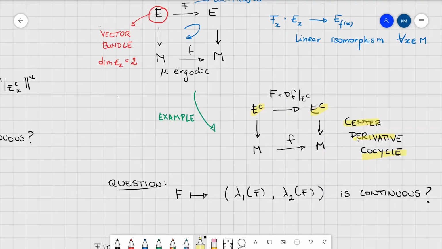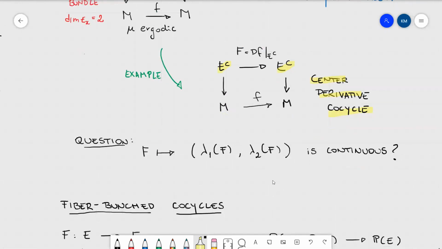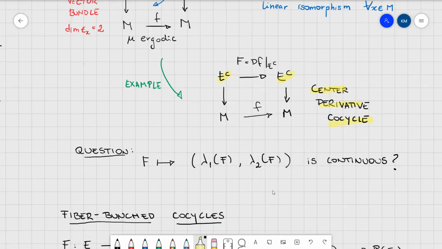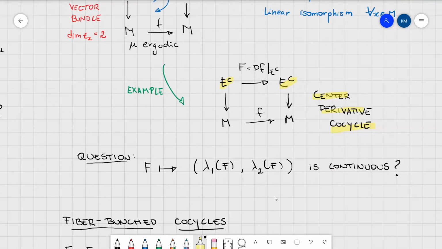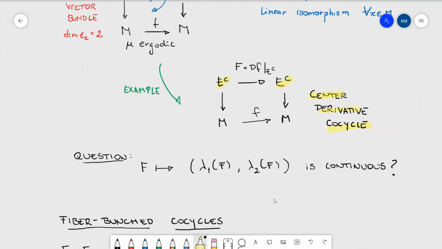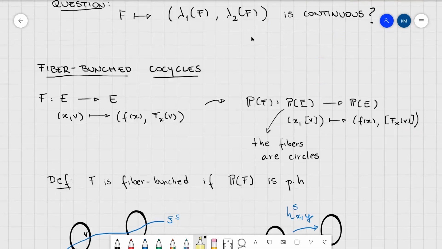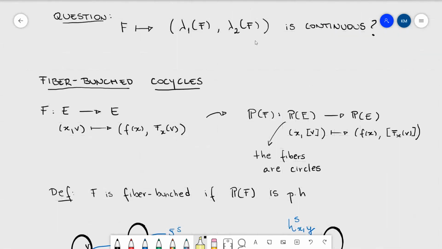What I want to do is to study this question. All the theorems that I'm going to state today are going to use the notion of fiber bunched cocycles. So in order to study this question, most of the things that we know are for fiber bunched cocycles. So I want to explain to you what fiber bunched cocycles mean.